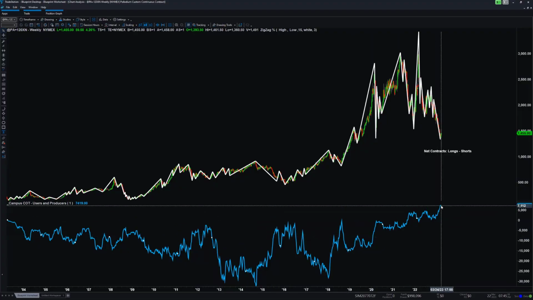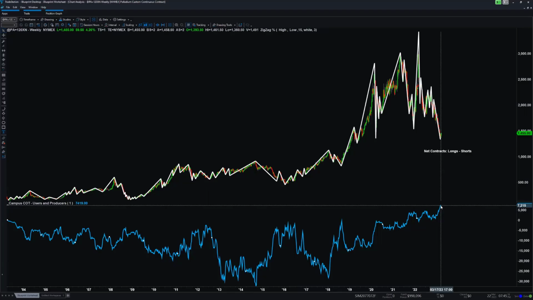So it's our job to put this number here into the right context. Meaning, what we want to do is put their buying and selling activities over the past weeks and months and years, not just over the past week, into the right context of what the market is doing right now.